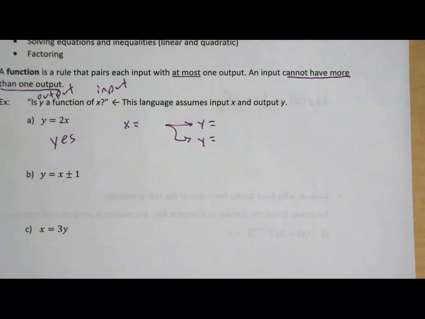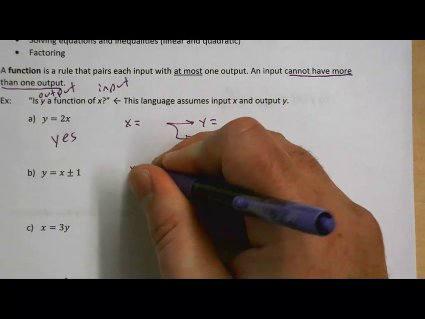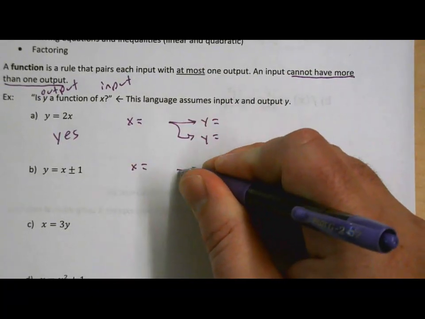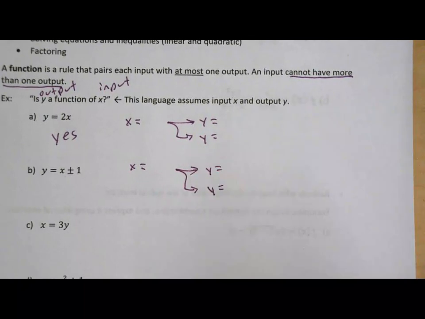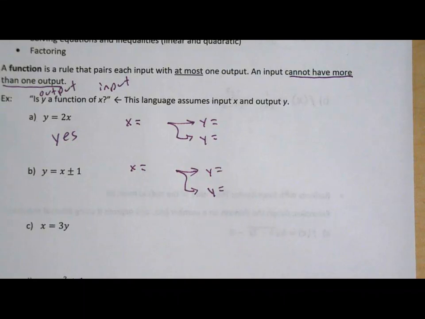On your assignment for those problems, you can just say yes. Second one, is this a function? Can you think of a value of x that could give you two different values of y? An input that gives you more than one output? Give me an example. 1.